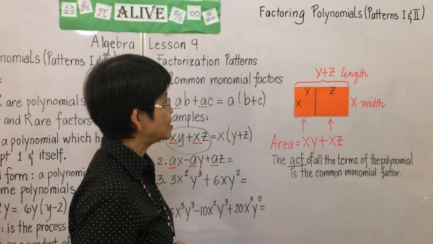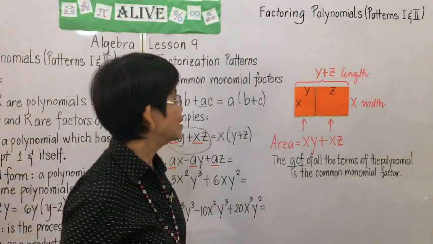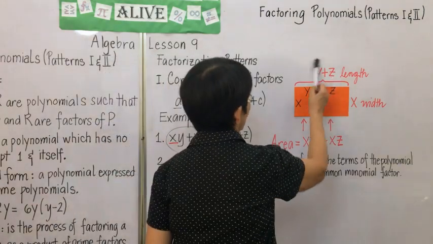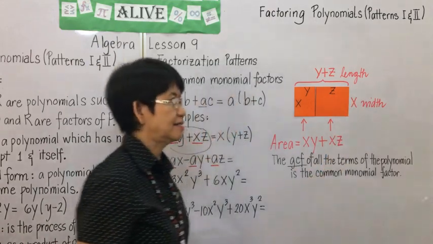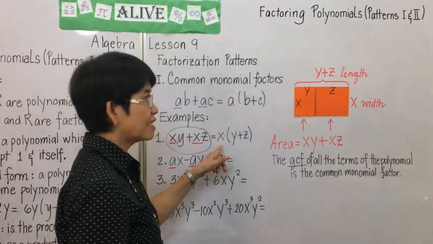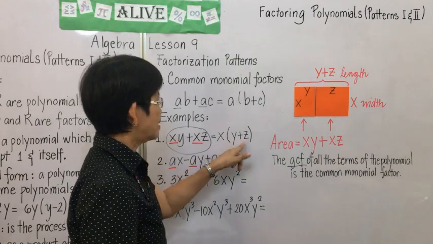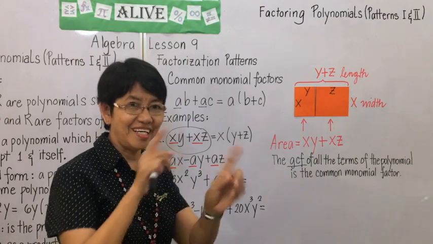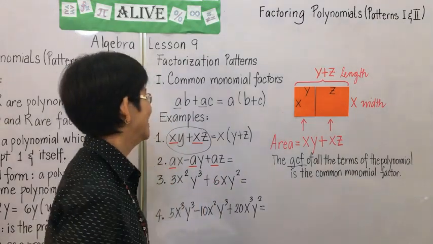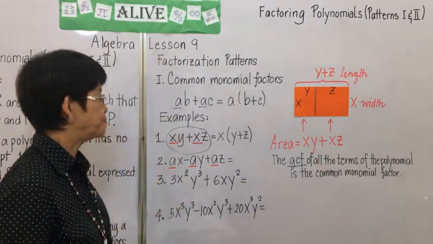So the dimensions are the length and the width. The length is y plus z and the width is x. So the factors are width times length or length times width. It can be interchanged.